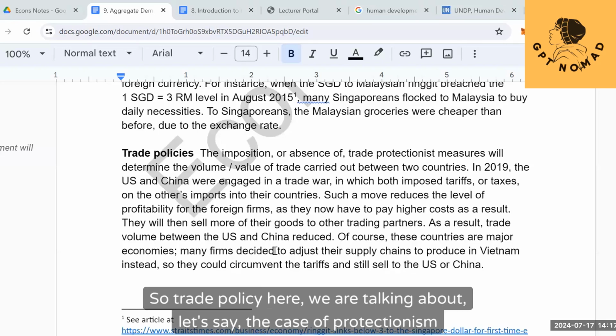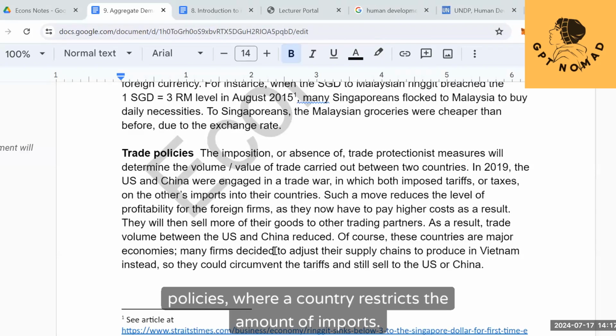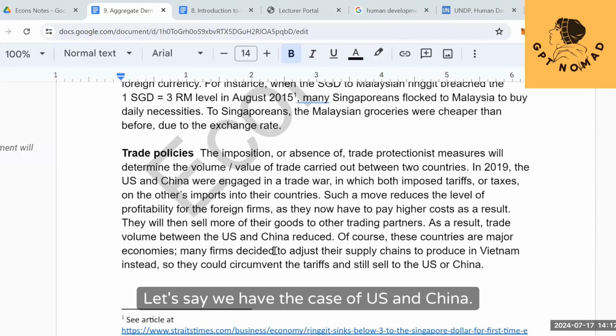Okay, so for trade policy, we are talking about, let's say, the case of protectionism policies, where a country restricts the amount of imports. Let's say we have the case of the US and China, right?